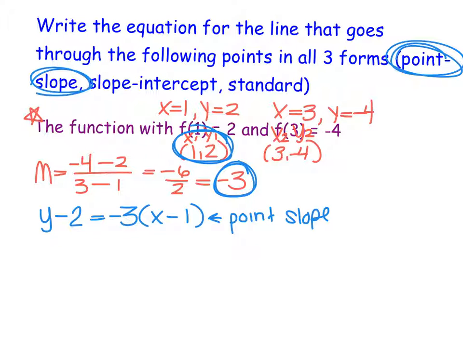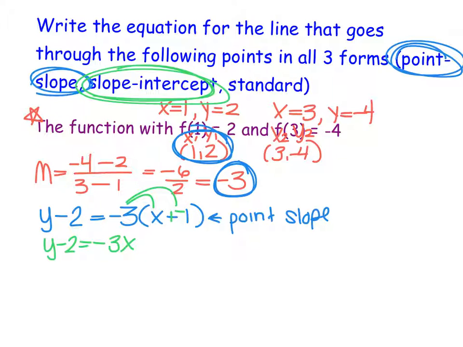Then from here, we're going to rewrite it into slope-intercept form, which is when y is by itself. So the first thing I need to do is distribute the -3. I'm going to use keep change to prevent an error. So I have y minus 2 is equal to -3x, and then -3 times a -1 is a +3.